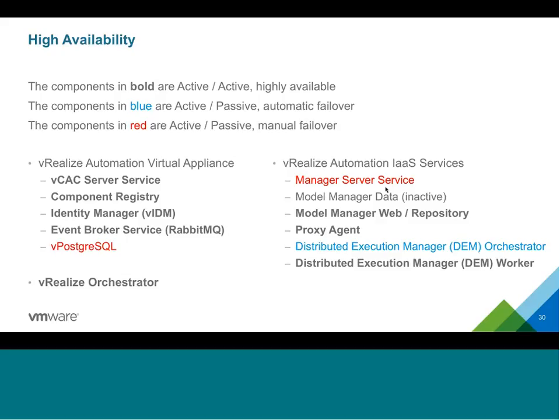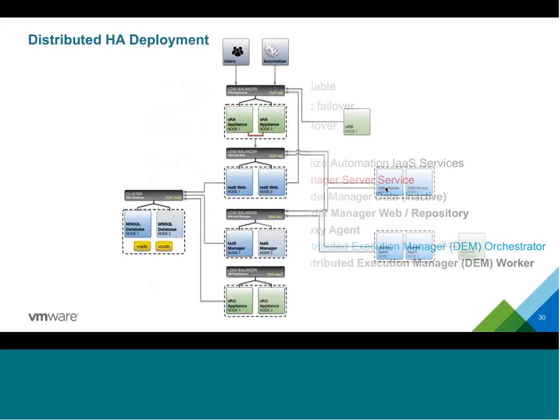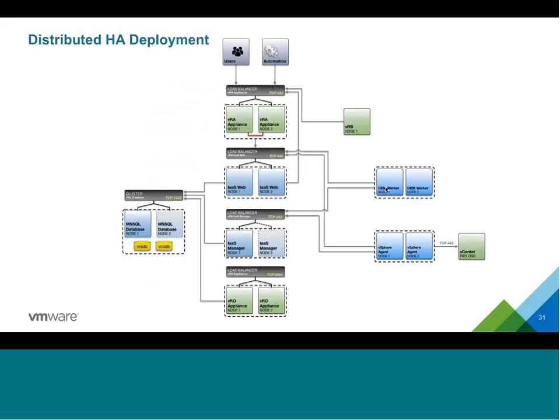If I do a distributed high availability deployment, this is typically how it would look. A user can come and hit a load balancer. Behind the load balancer, you will have multiple vRealize appliance nodes, right? And then behind that, you will have again a load balancer for the IaaS component, and a load balancer for the IaaS manager server.